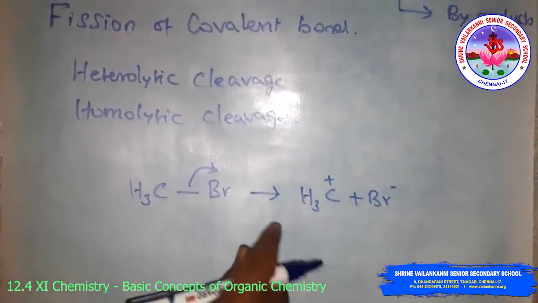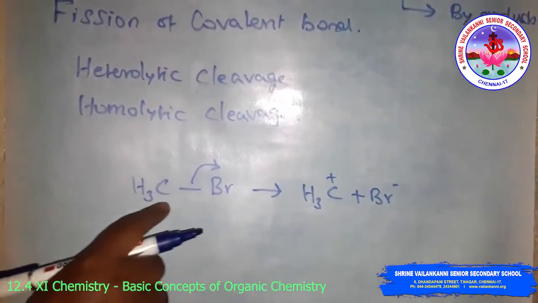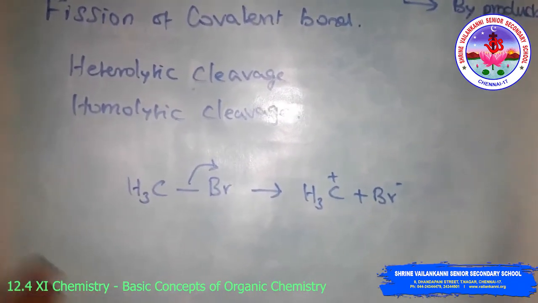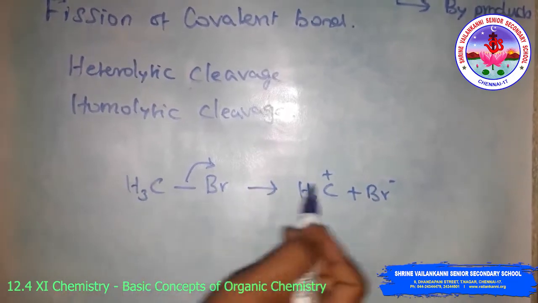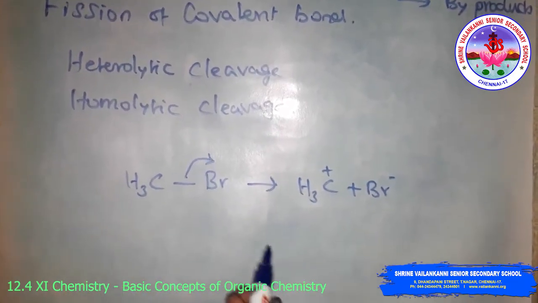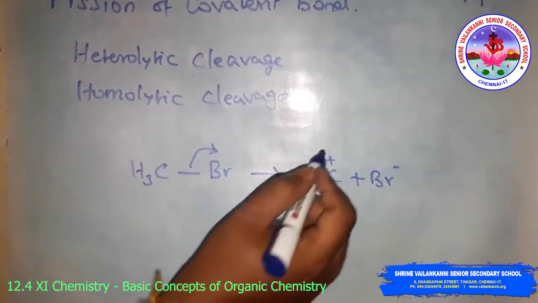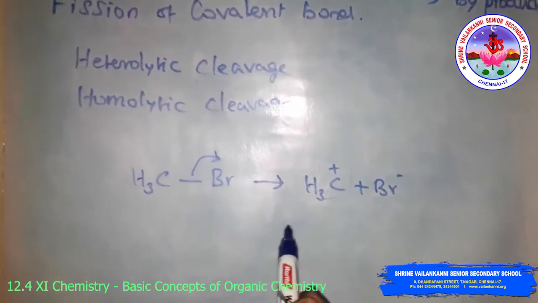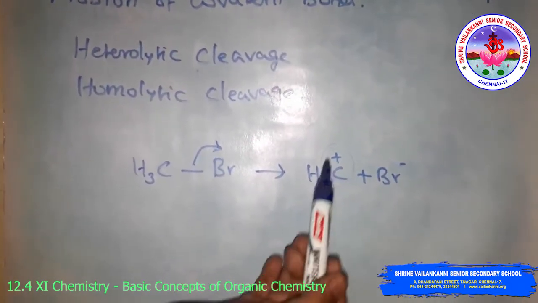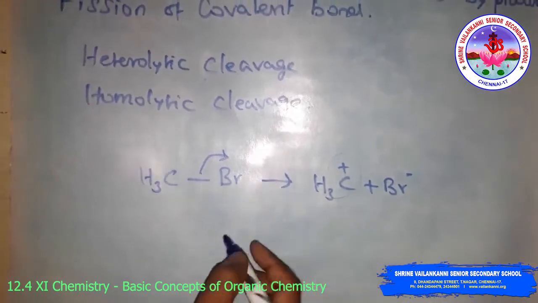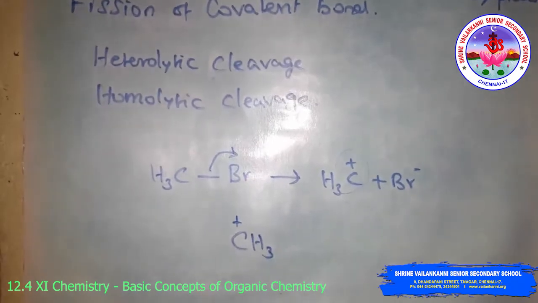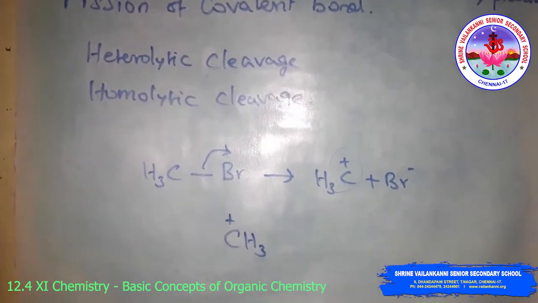A species having a carbon atom possessing a sextet of electrons and a positive charge is called a carbocation. Earlier they were called carbonium ions. Here we can simply write it as the methyl carbocation.